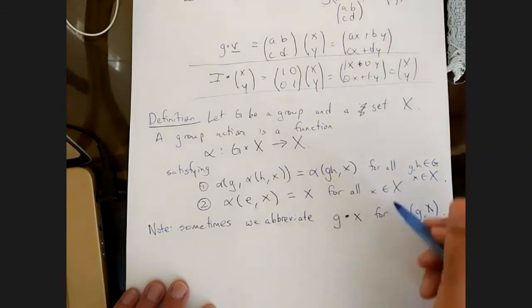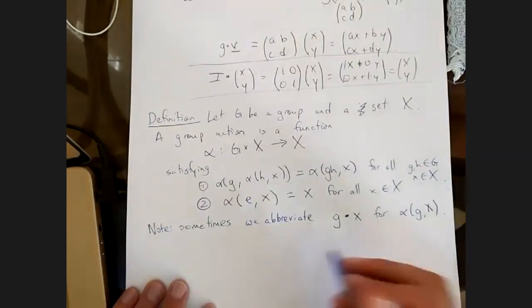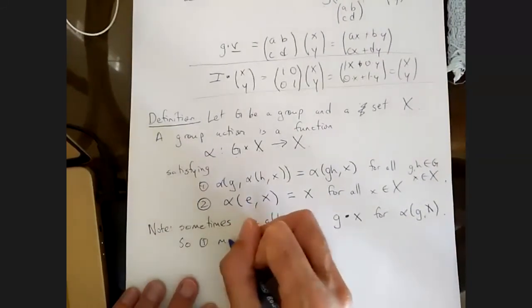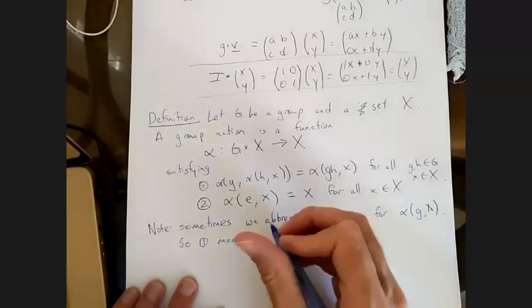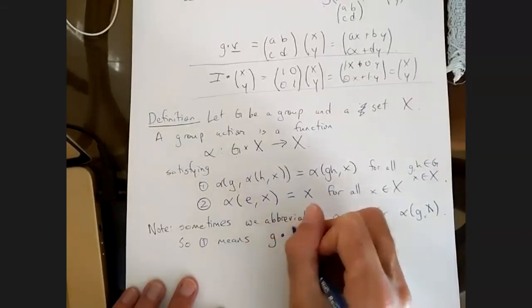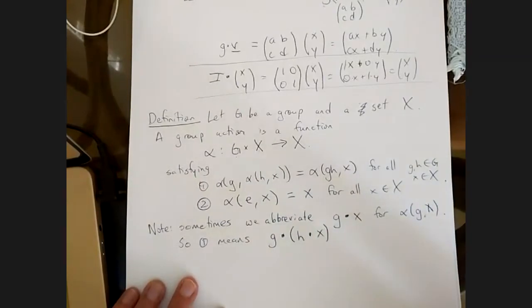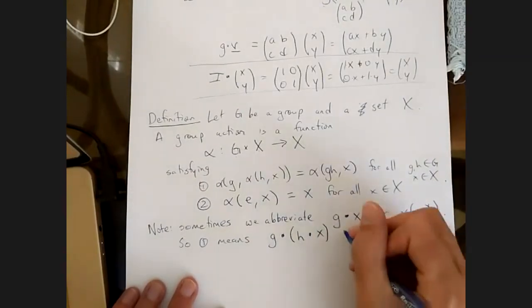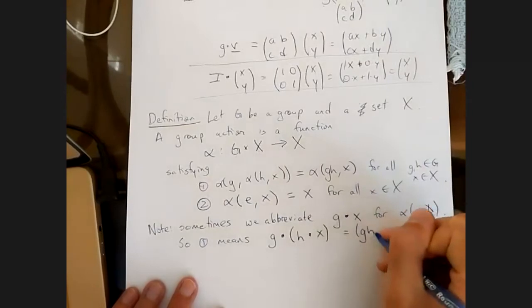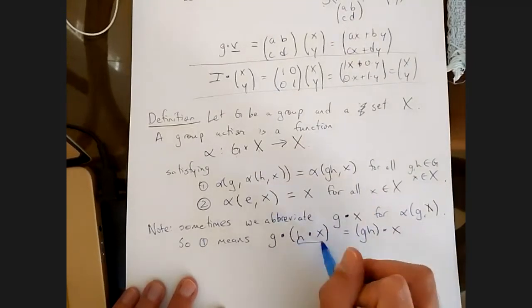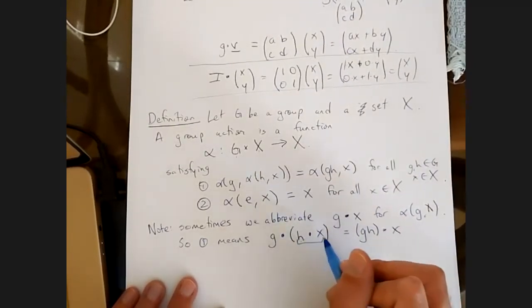And if I rewrite these two properties with this abbreviation, one just means that G times (H times X) is just (GH) times X. Let's try and parse what this means. H times X, that's H acting on the element X of the set.